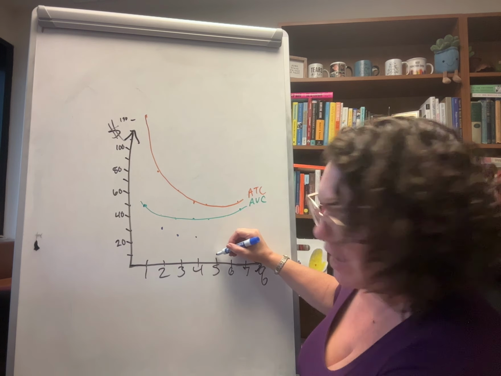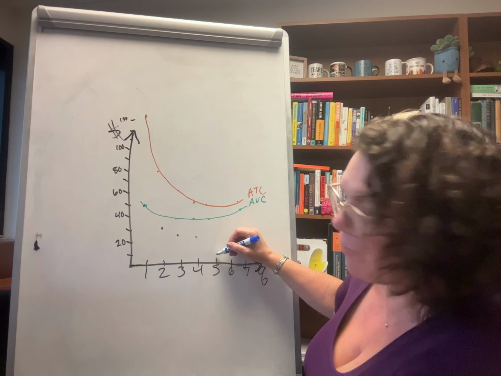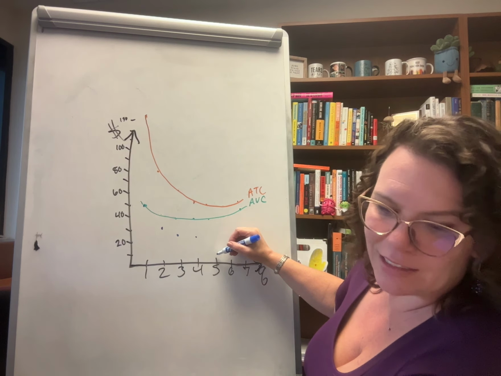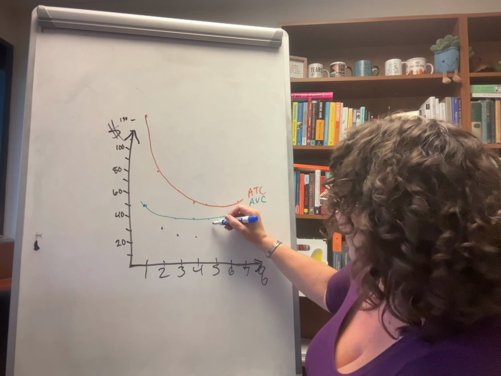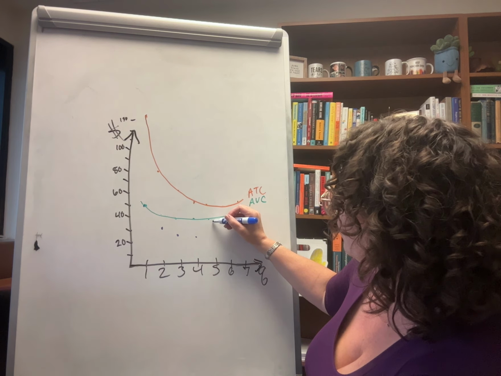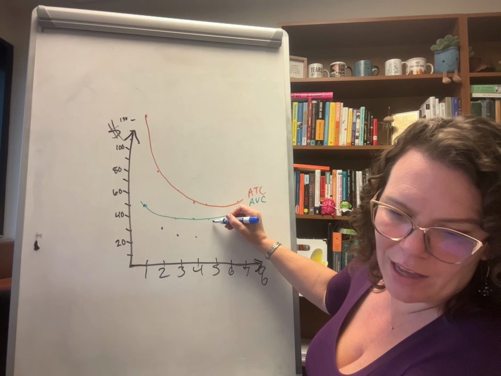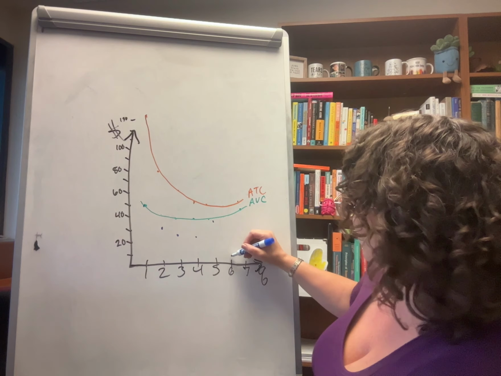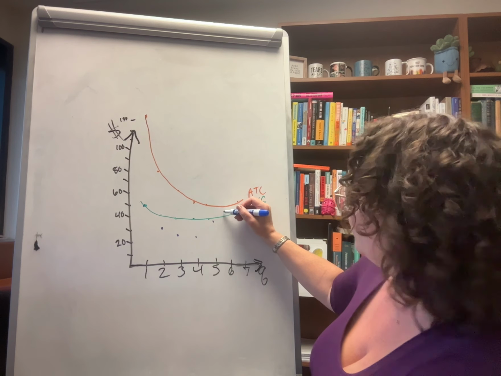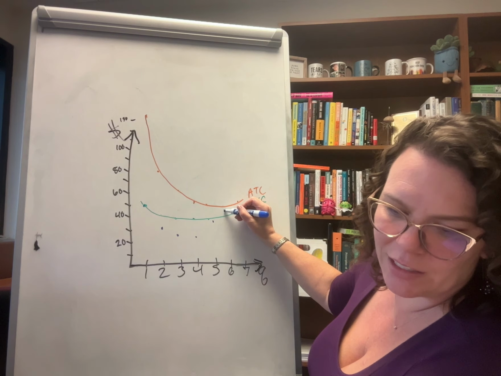And then at 5 units, it's going to be marginal cost of $30. And that's going to be right here, right at the average variable cost curve. Right? And then at a quantity of 6, it's going to be above the average variable cost curve at 40, right in between these two.